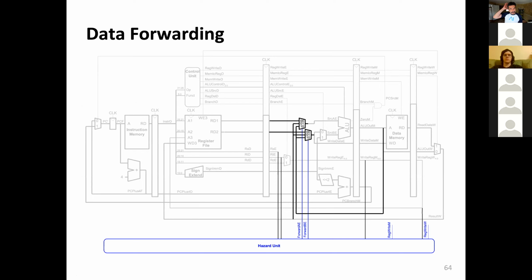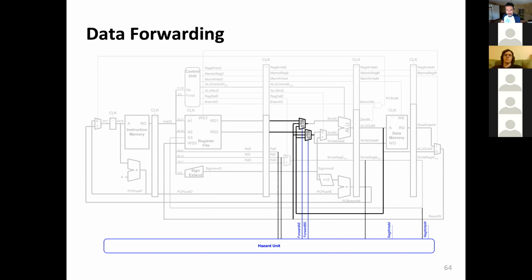And this is how it gets implemented in the hardware. A few things have been added, as you see, in terms of forwarding. First of all, we need to have an additional input to these muxes.